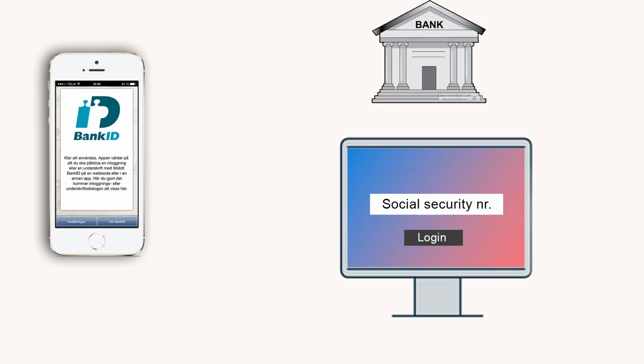But in this case, with Bank ID, you don't do that twice. You just do it once because it's very easy to get someone's national insurance number. And the only thing you do, you just put it on the website and then you open the app and you can sign. So this is not a two-factor authentication. This is just one-time authentication, actually.